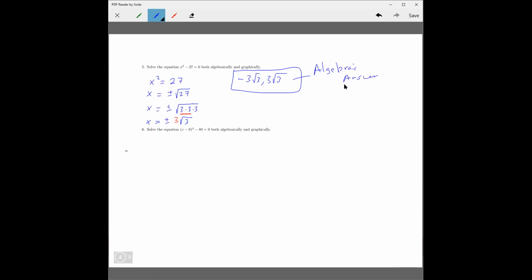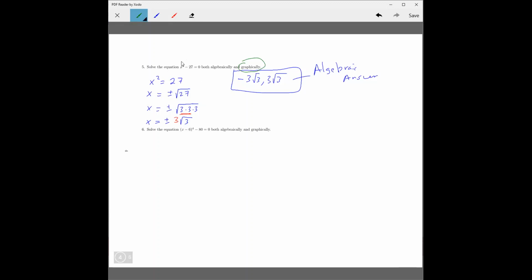Now for the graphical answer, doing it graphically would be to use a graphing calculator to find where this crosses the x-axis. Okay. And I guess I'll do that.